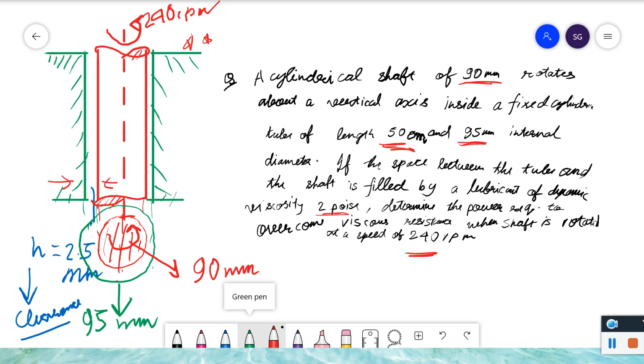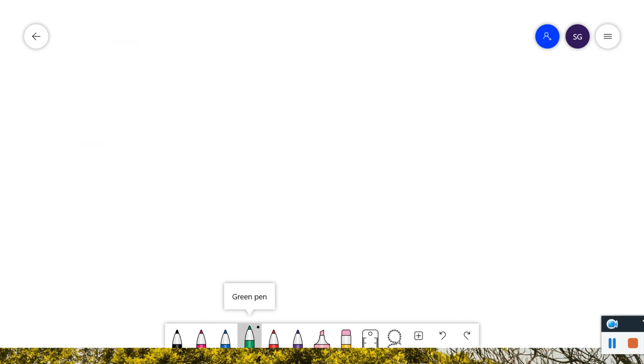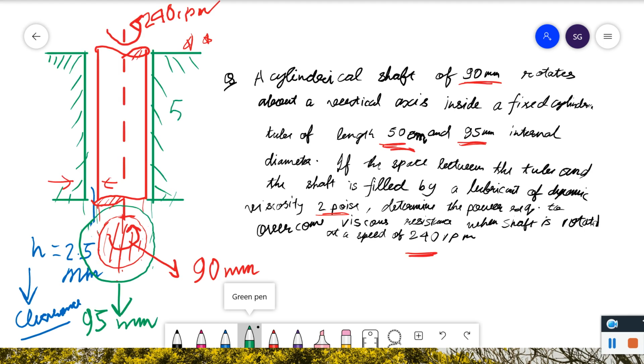Okay, so here you can see that this is 50 centimeter, the tube of length 50 centimeter, and 95 mm internal diameter. This is 95, I told you this one is 95 mm.